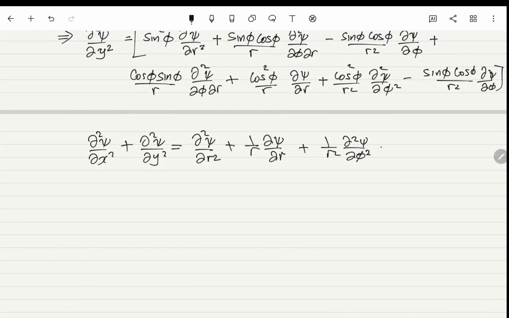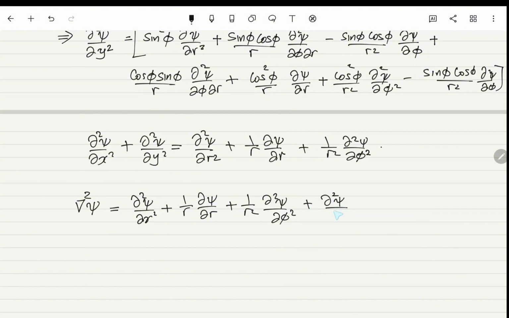Now if we add partial 2 psi partial z square to this one right here, you will get Laplacian psi equal to partial 2 psi partial r square plus 1 over r partial psi partial r plus 1 over r square partial 2 psi partial phi square plus partial 2 psi partial z square. The result here is actually the Laplacian in cylindrical coordinates.